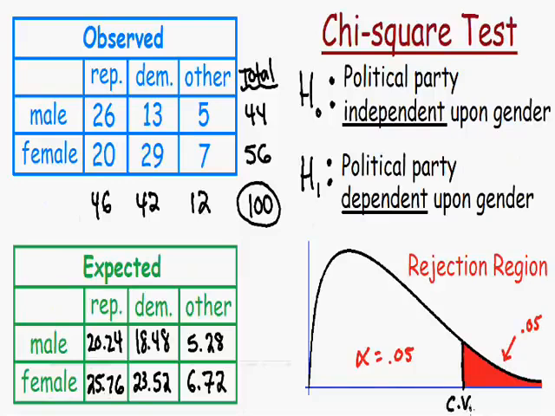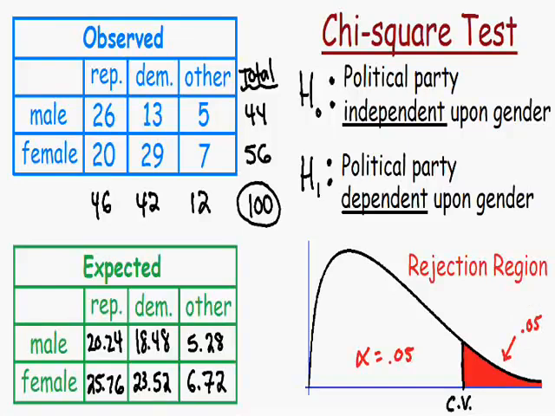And this critical value is going to be a chi-square value since we're using a chi-square test. So how do we find this critical value? Well, we need to use a chi-square table. And one thing to keep in mind before we look at our chi-square table is the area in the tail. We're going to use this area of 0.05, and it's going to help us to find our critical value.